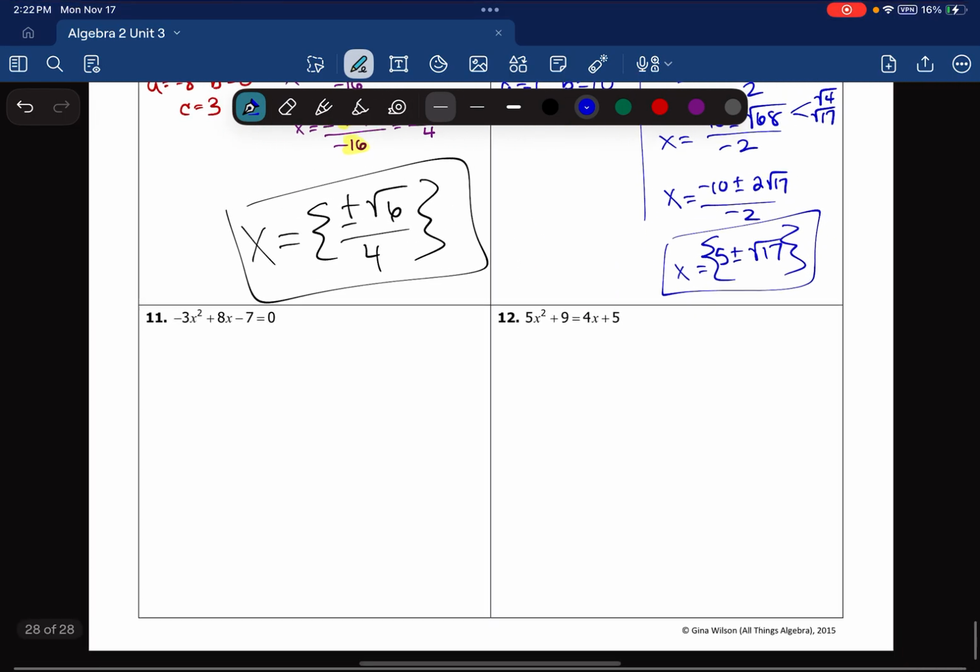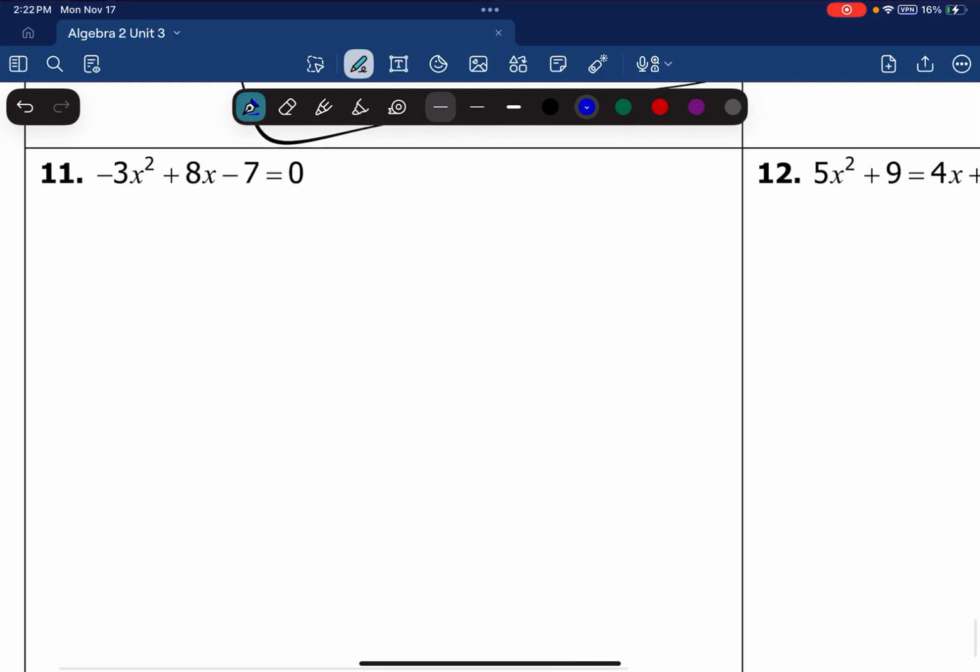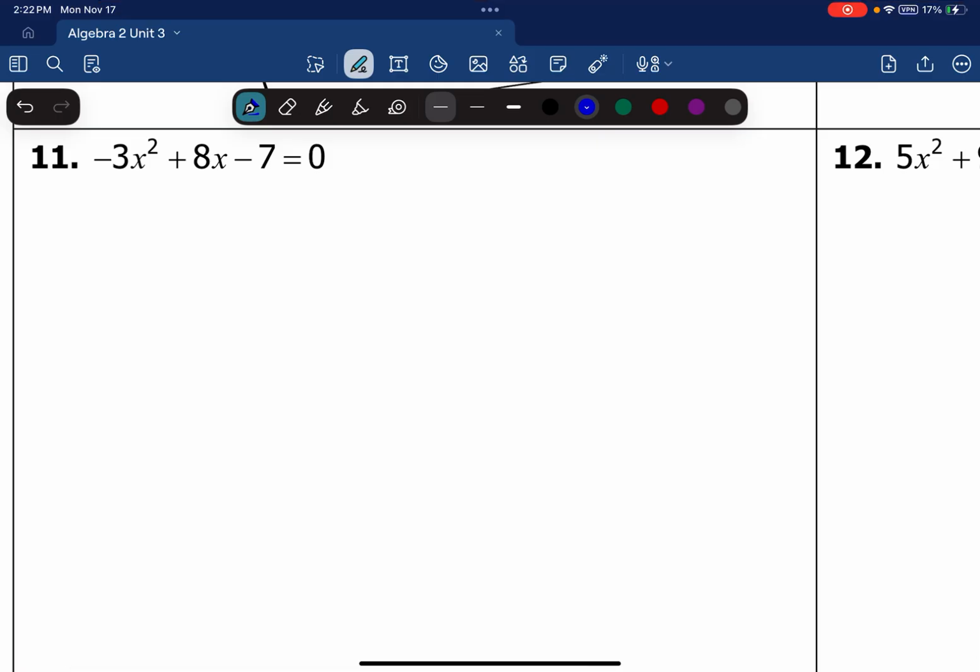Okay, problem number 11. It's already equal to 0, so now we just have to identify.